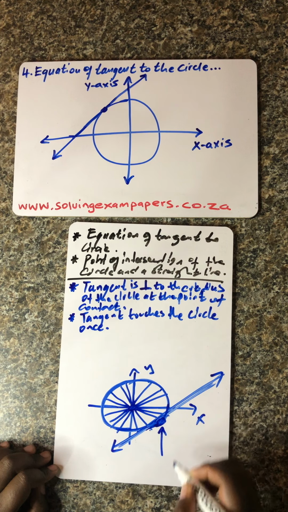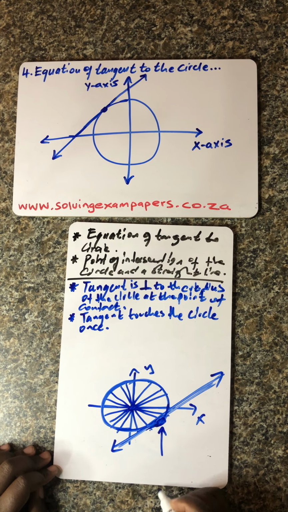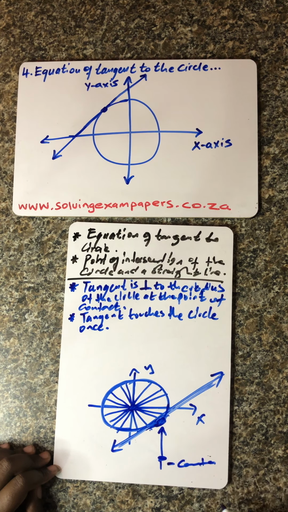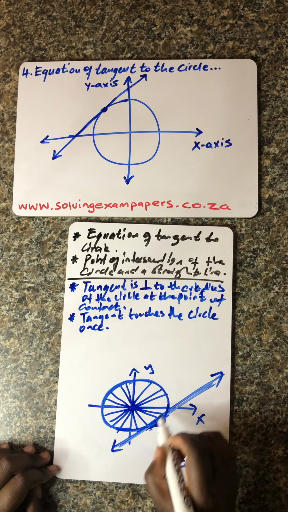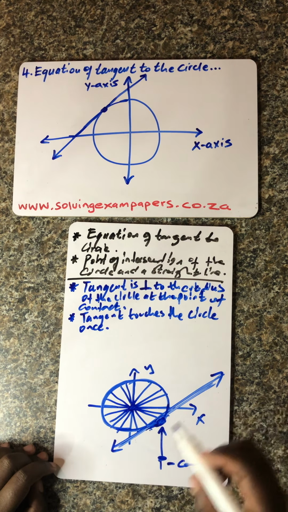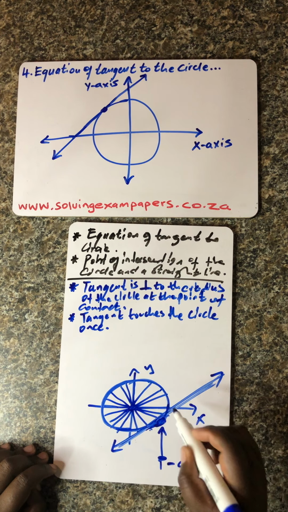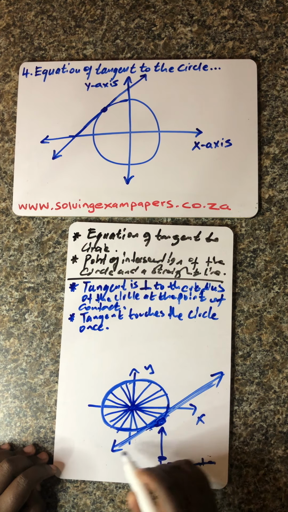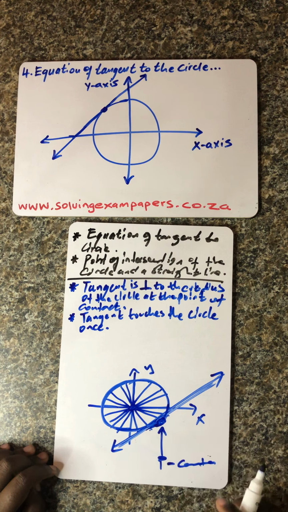This is the point of contact. What point of contact? It is the point of contact of the straight line and the circle. So that means this is the point where our straight line is in contact with the circle, or the point where our straight line touches the circle.